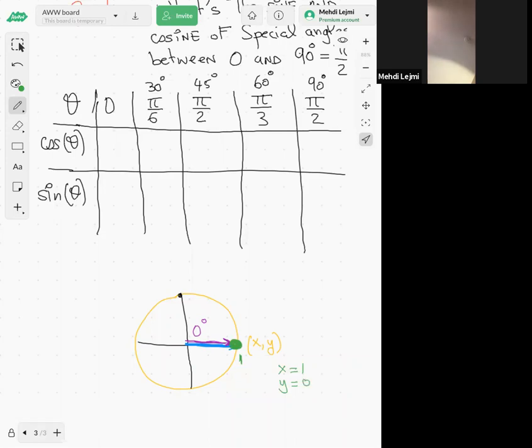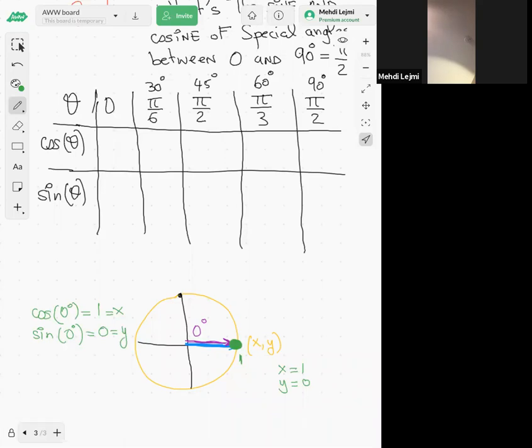What we are saying, guys, is that when the angle is 0, cosine of 0 is x, which is 1, and sine of the angle 0 is y, which is 0.